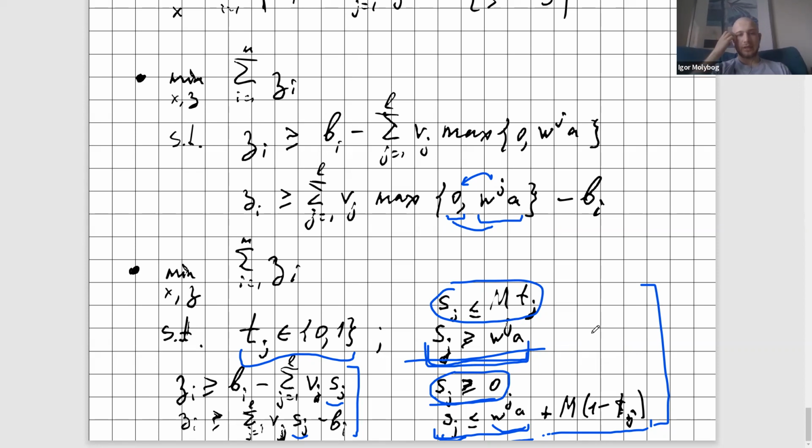I understand that this is not a simple problem. But it's a very illustrative example of how elaborate the process of formulation of an integer programming problem can be, generally speaking. I think it's a good example.